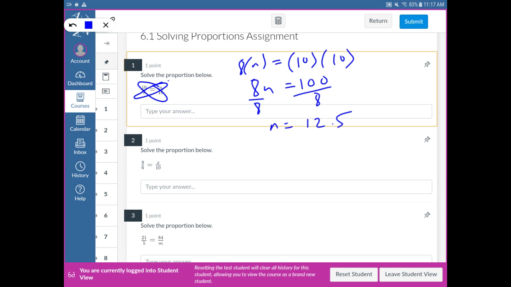If you do that a little bit faster, 21 and m, 21m equals 84 times 5. This way is 420. Divide by 21, you get 20 as the answer here.